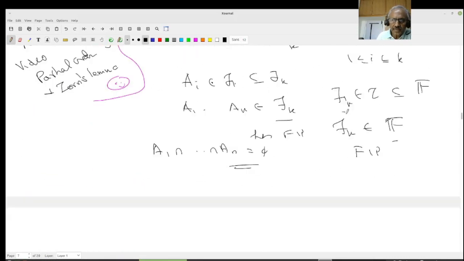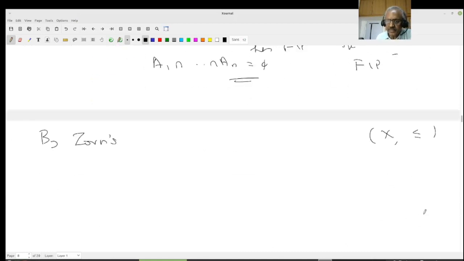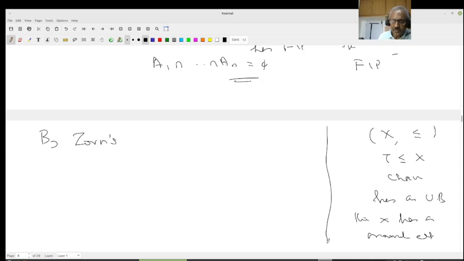So by Zorn's lemma, what does Zorn's lemma say? Zorn's lemma says if X is a partially ordered set so that every totally ordered subset, that is a chain, has an upper bound, then X has a maximal element. This is what Zorn's lemma says.